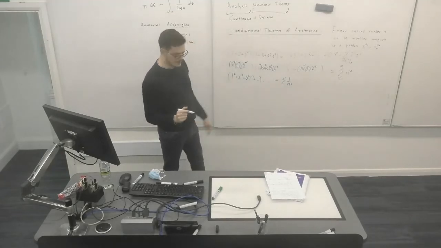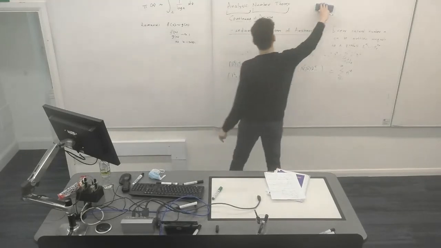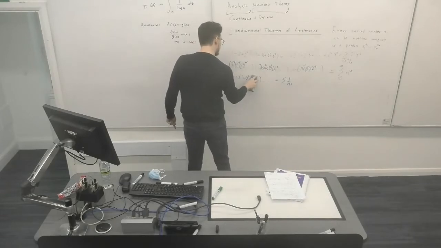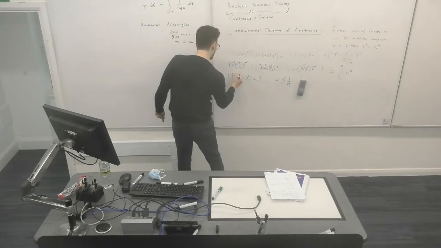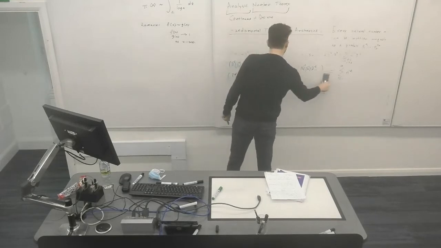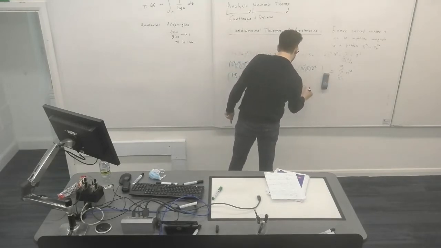But of course, there is nothing special about 2. In fact, we know by analysis that this converges for every complex s, with the only assumption that the real part of s is larger than 1.